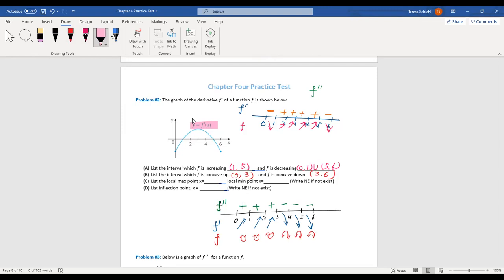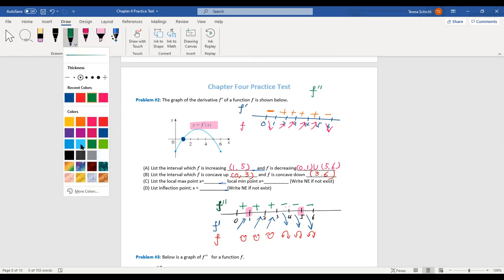So where could the local max be here? Sorry, let me be careful here. f prime equals 0 at 1, and at this other point, f prime also equals 0.